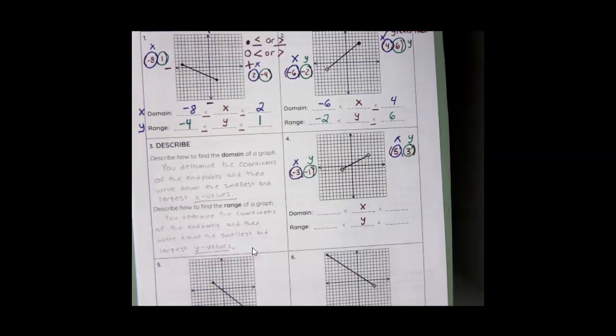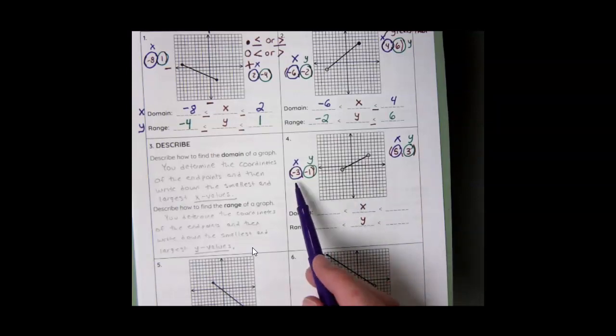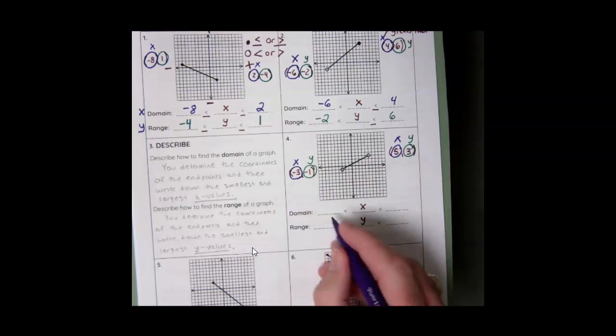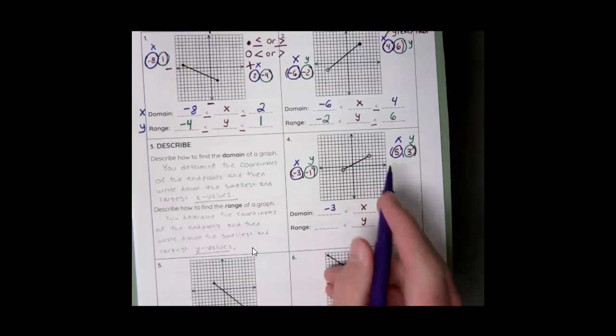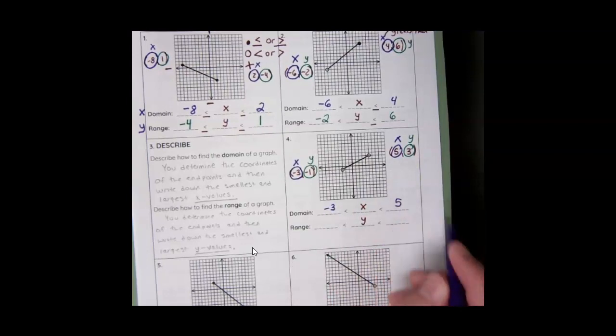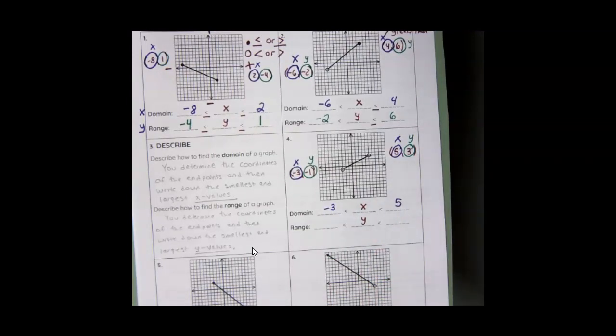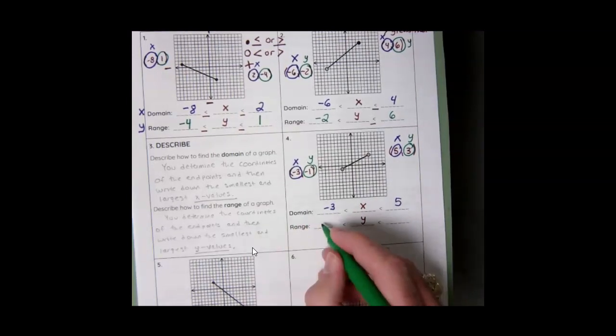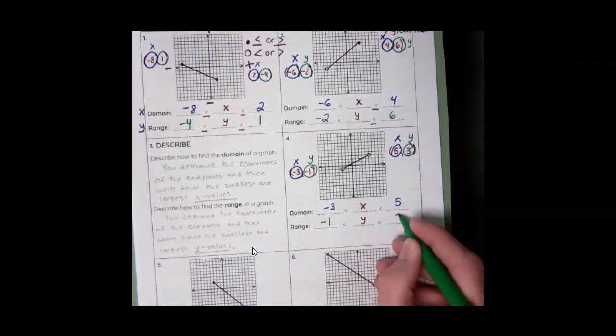Right? For domain, we identify the smaller x value. Negative 3 and 5, negative 3 is smaller, so I write negative 3. My larger value is 5, I write 5 right here. As for range, negative 1 is smaller, so I would write negative 1 and then 3.